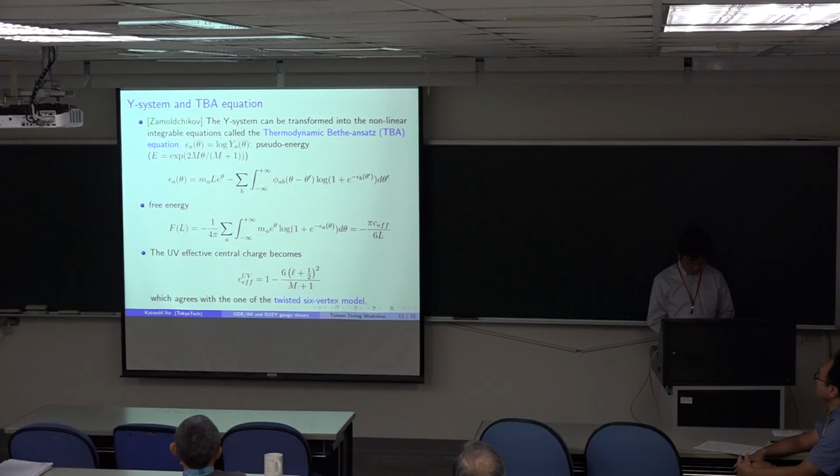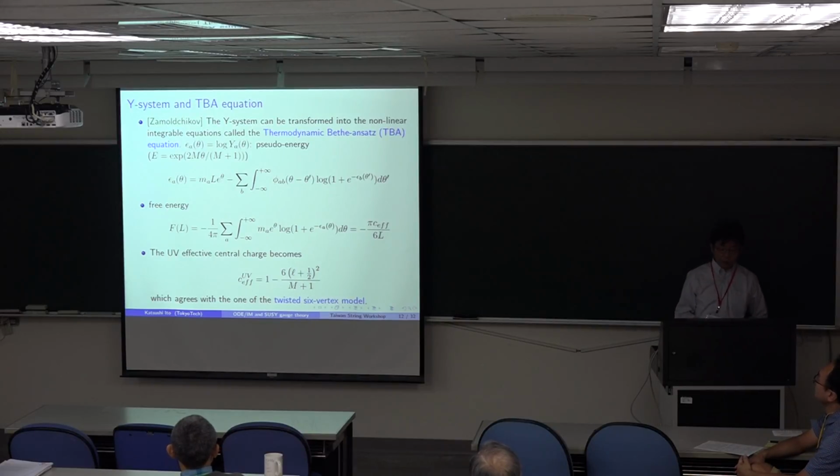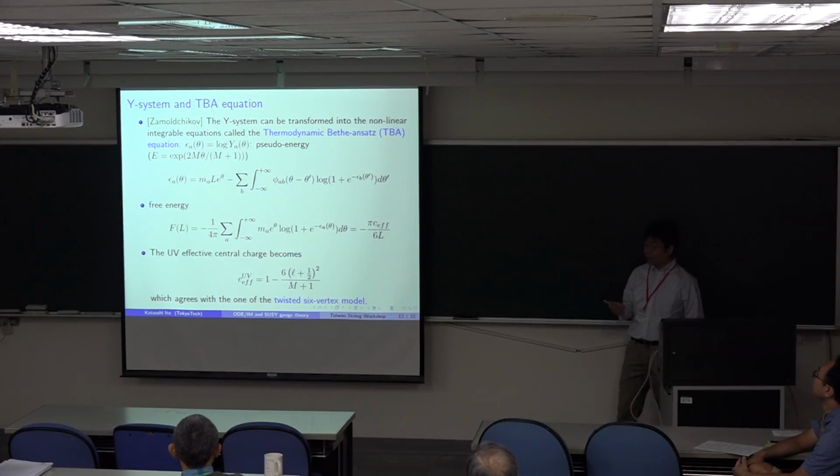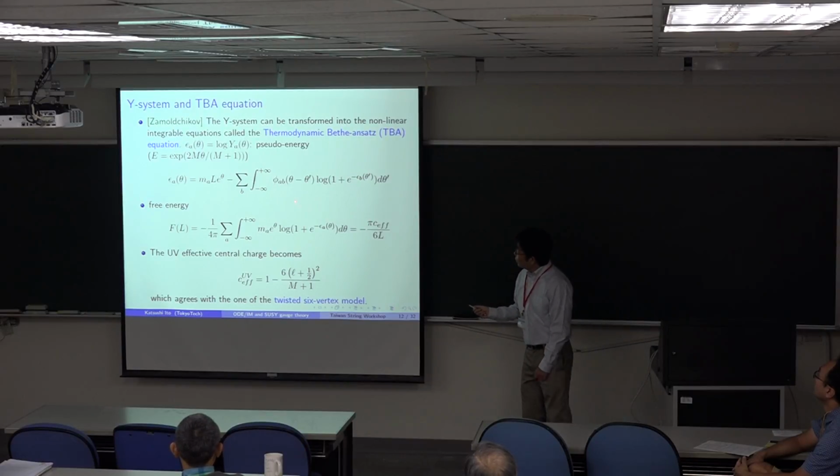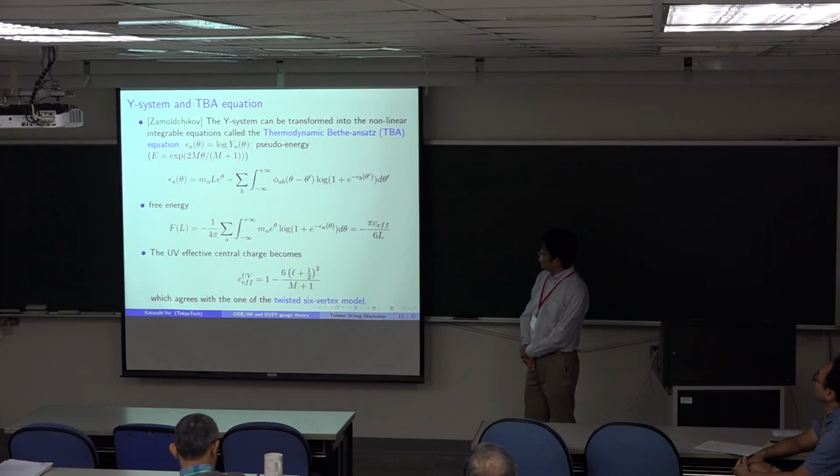From the Y system, we can derive some physical quantities. This is called the dynamic beta. I will not explain this much. But just roughly, we take the logarithm of the Y function to define some pseudo energy.